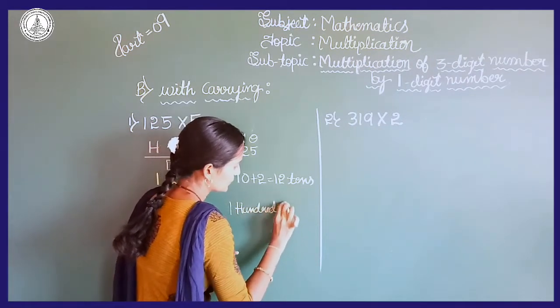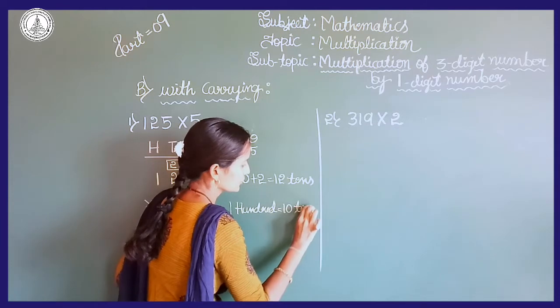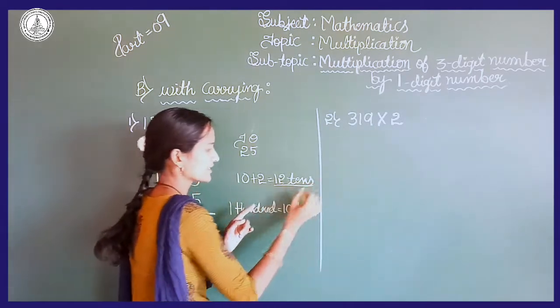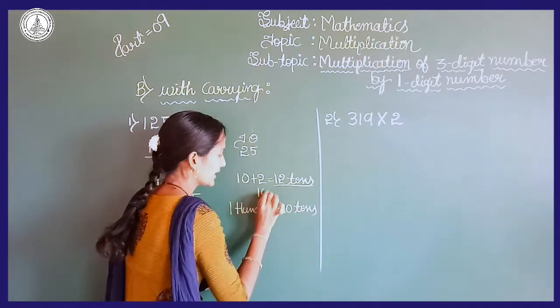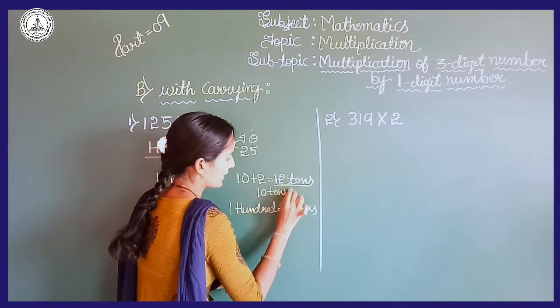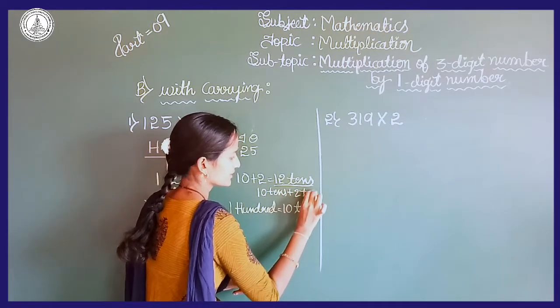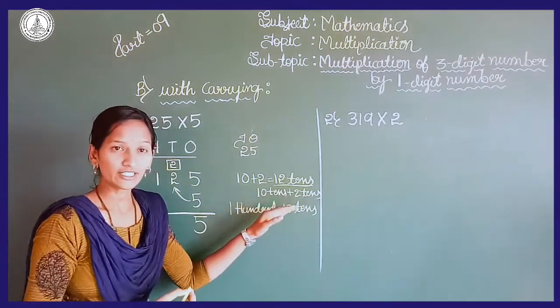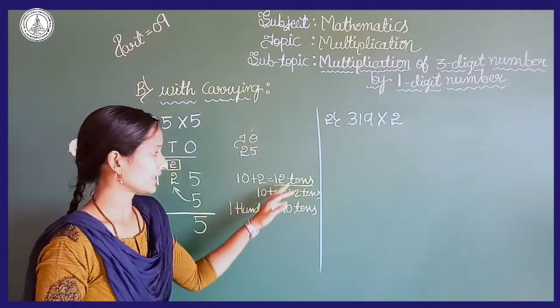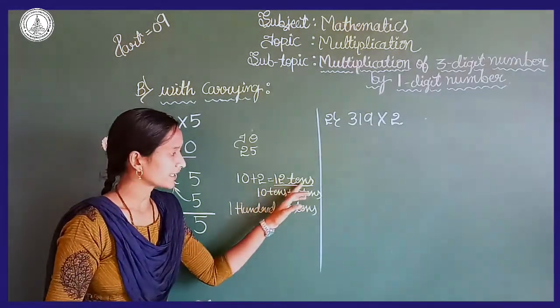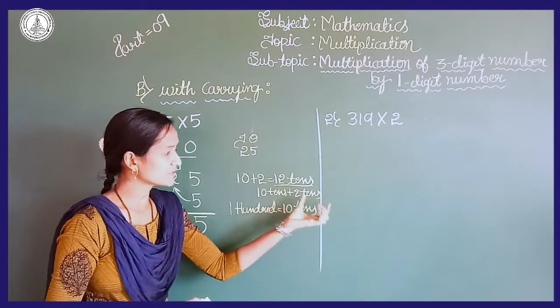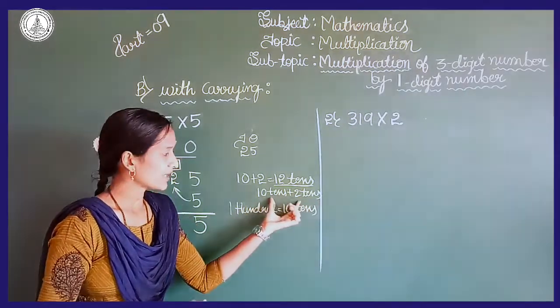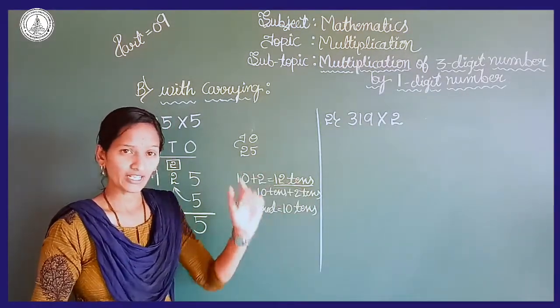So this 12 tens I am writing as 10 tens plus 2 tens, right?